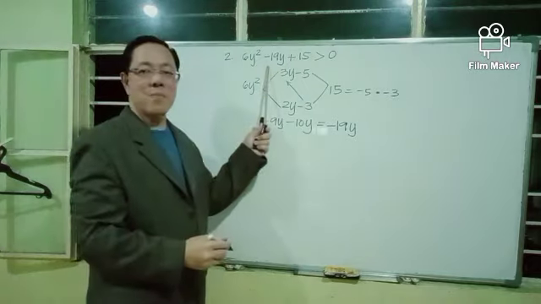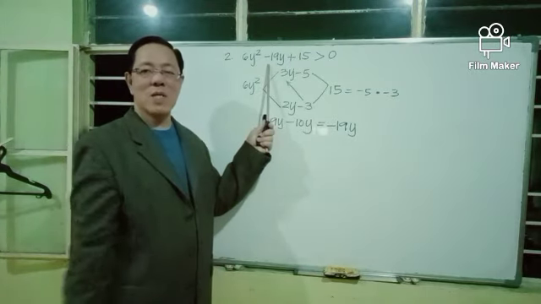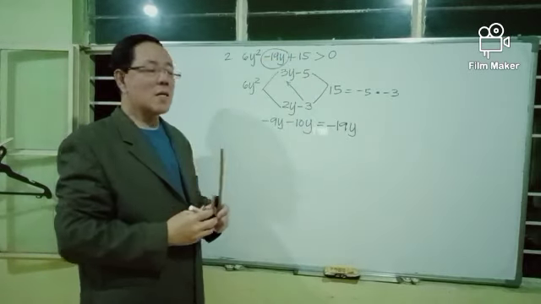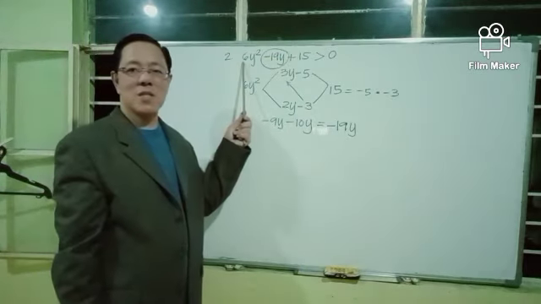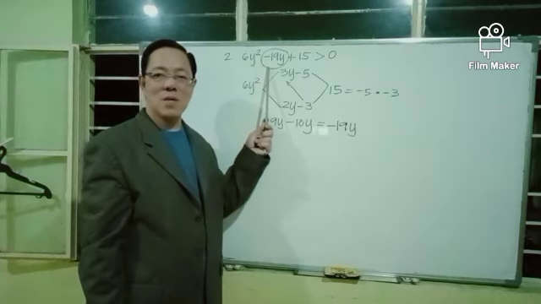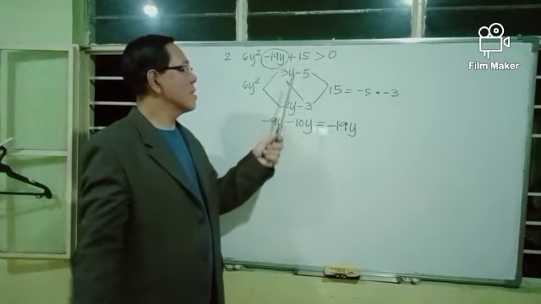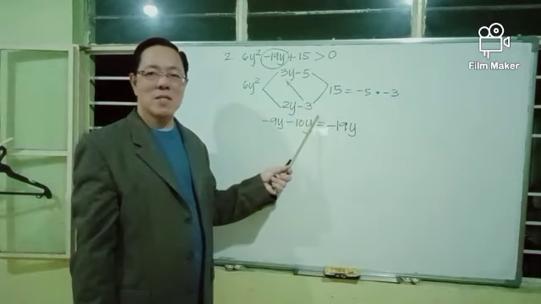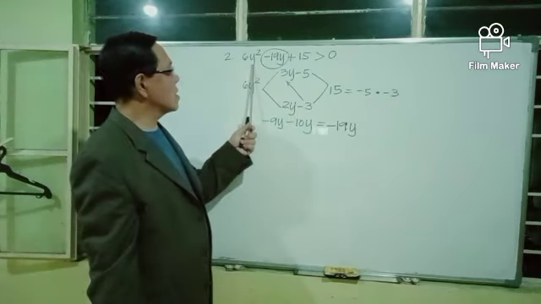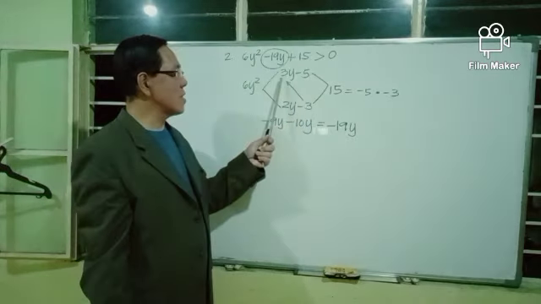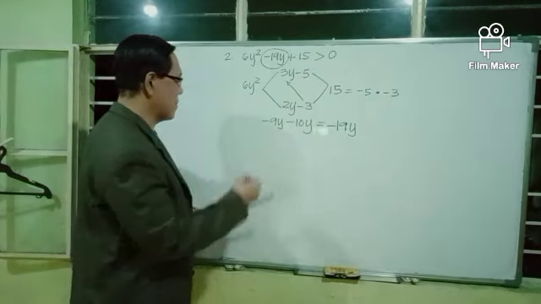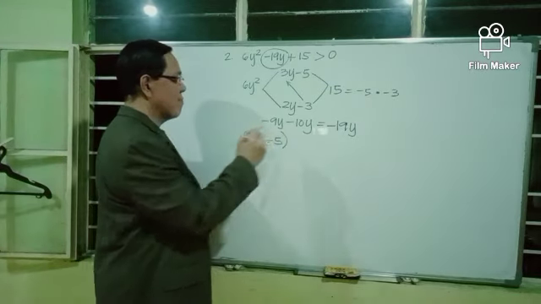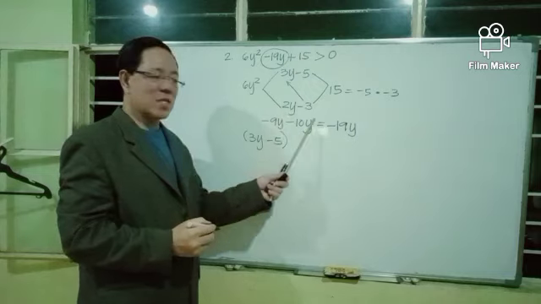Which is the middle term of the given quadratic expression. This means that the factors of the quadratic expression 6y squared minus 19y plus 15 are 3y minus 5 and 2y minus 3. So we now write this quadratic expression as the product of 3y minus 5 and 2y minus 3.